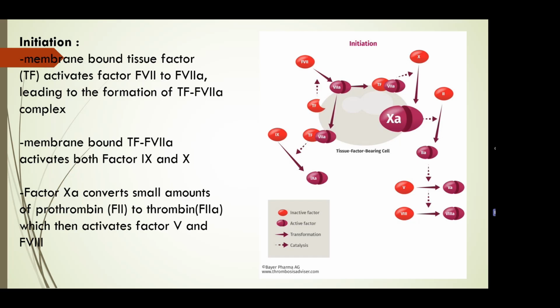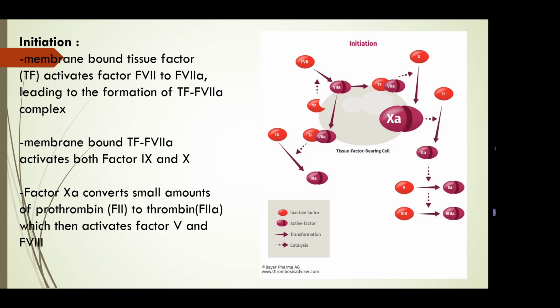Factor 10 becomes activated factor 10. Then activated factor 10 will convert small amounts of prothrombin, factor 2, to thrombin, which then activates factor 5 and also factor 8. This is what happens in the initiation phase.